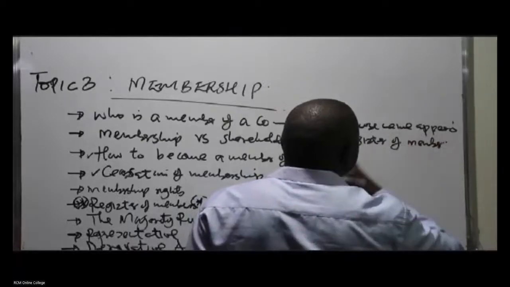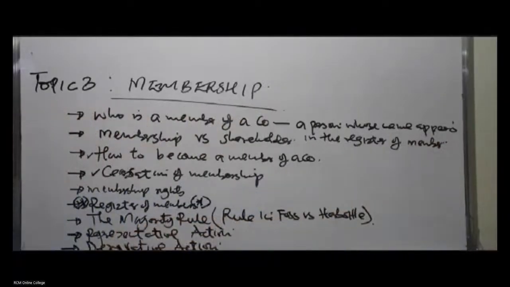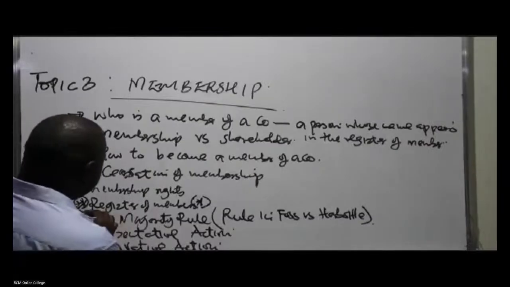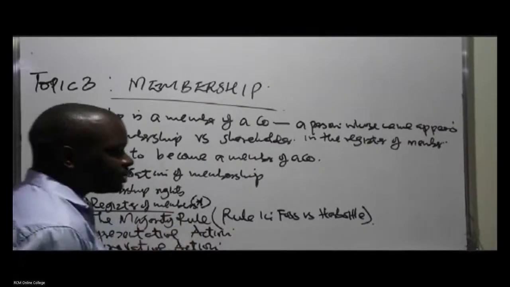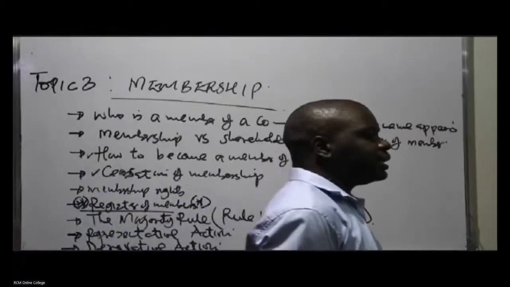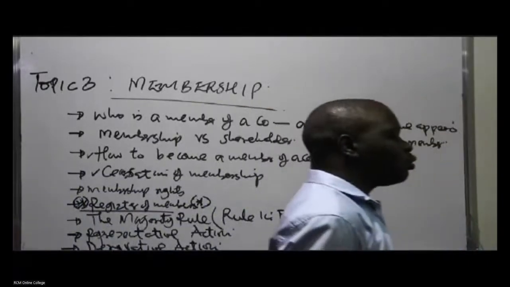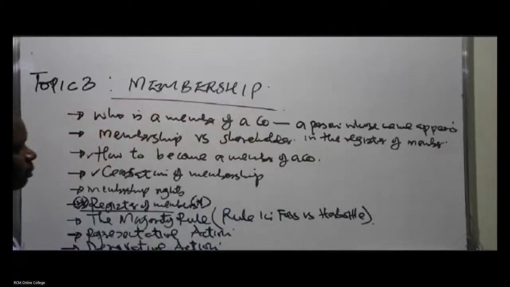A register of members is just a document found in the company listing who are the members of the company.